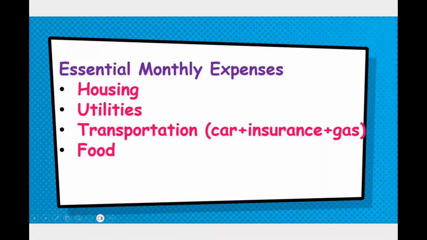Oh, by the way, let's go back up here. Which one of these do you think is the most expensive? And which one can you not really avoid? I'll tell you right now, every circumstance is different, but most of the time, your housing is going to be the most expensive.